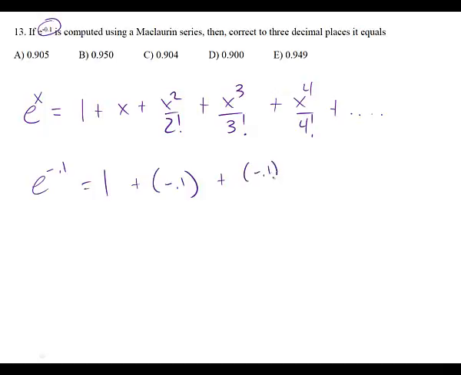Plus negative 0.1 squared over 2 factorial plus negative 0.1 cubed over 3 factorial plus negative 0.1 to the 4th over 4 factorial plus dot dot dot. Put it in your calculator. Make sure when you're typing that in, the negative 0.1 goes inside the parentheses. The negative should not be outside the parentheses.